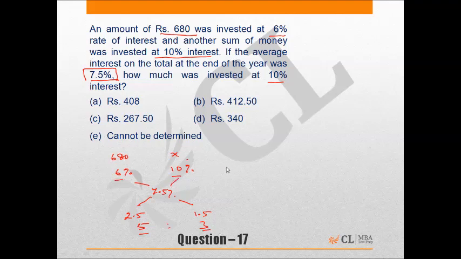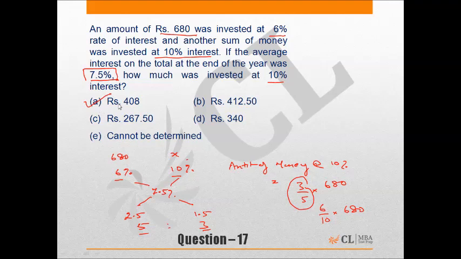So the amount of money invested at 10% will be equal to 3 by 5 of 680. You are better off writing it as 6 by 10, because that makes your calculation easier. So which is nothing but 68 into 6, which is 408 rupees.